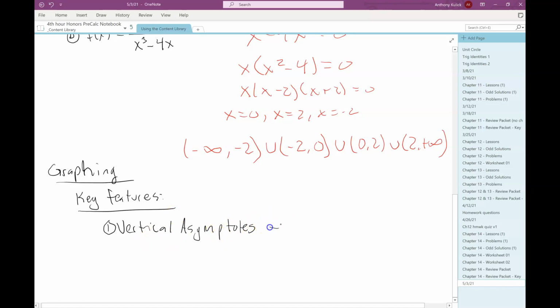And we find these by solving the reduced denominator equal to 0.